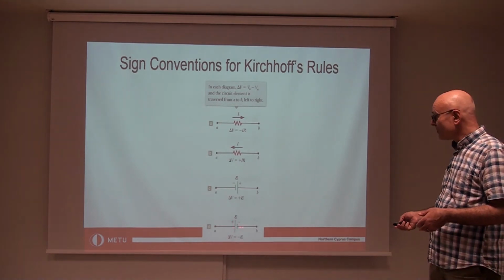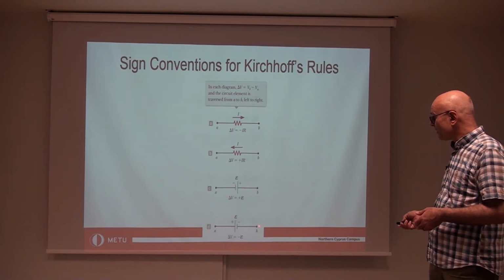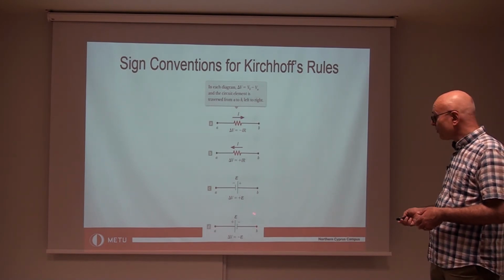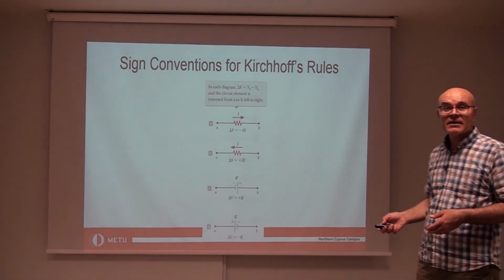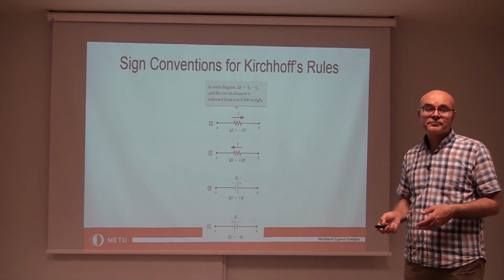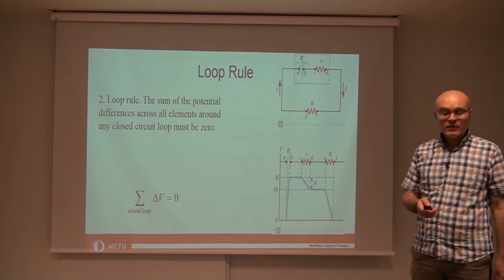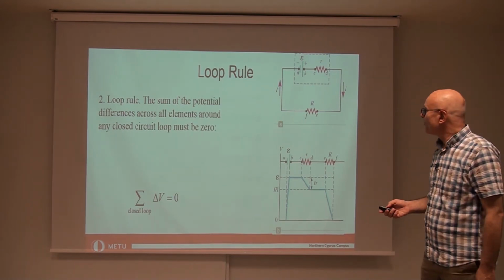In this case, you are moving in the direction of the electric field, so this point is at lower potential with respect to this point. So VB minus VA in this case is negative.